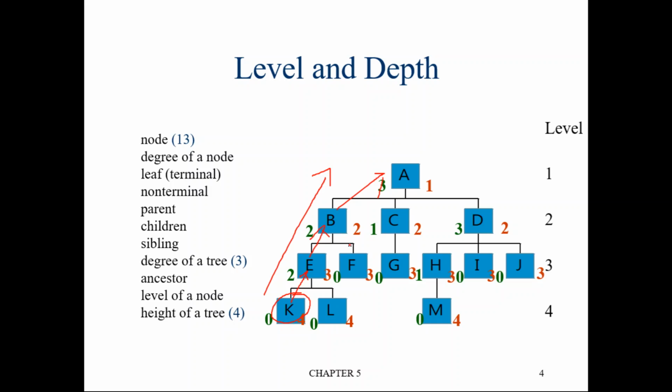If you take F, B is an ancestor, A is also an ancestor. If you take M, H is its ancestor, D is its ancestor, and A is its ancestor. So when you travel from the bottom of the tree towards the root, all the nodes which come on the way are called the ancestors of a particular node.